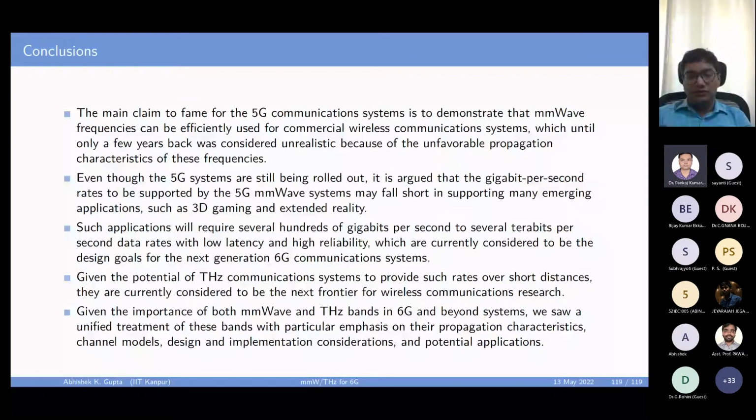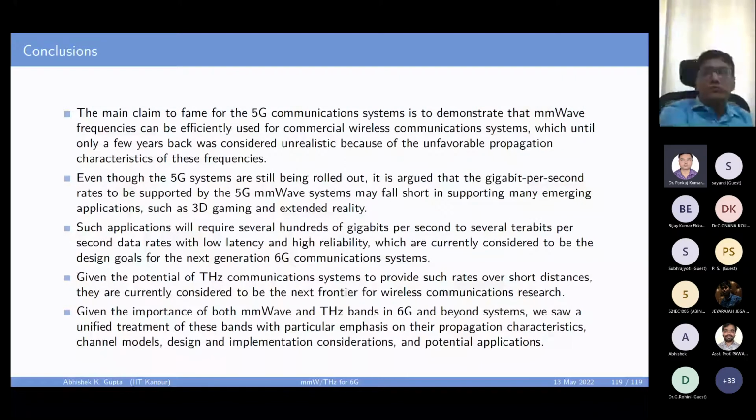Thank you, sir. It was really a nice talk. You have covered millimeter wave communications and terahertz related communications in greater detail. And I hope that participants are able to understand the technicalities of these new types of communications.